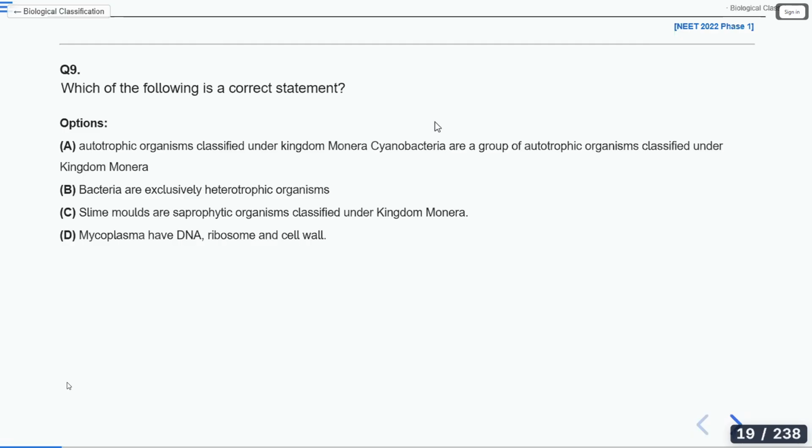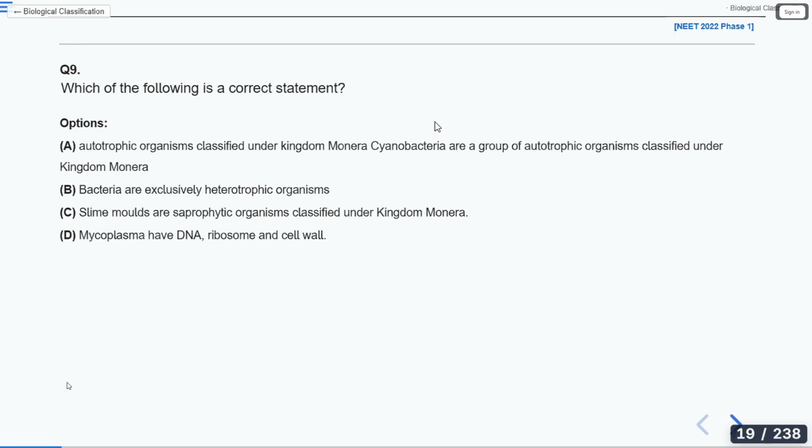And what about dinoflagellates? What is a dinoflagellate? Okay, they cause red tides. Very good. They cause bioluminescence. With the name only you can easily remember dinoflagellates. So they'll be having two flagella.